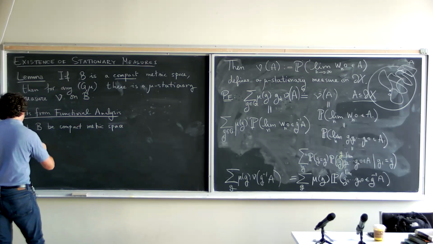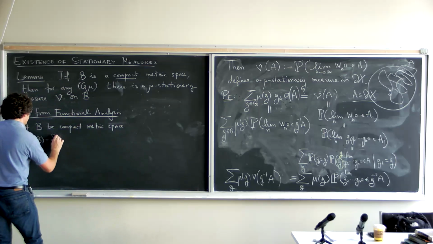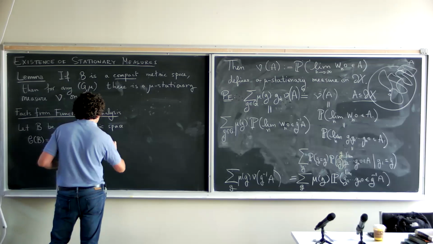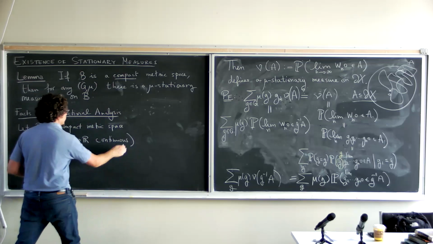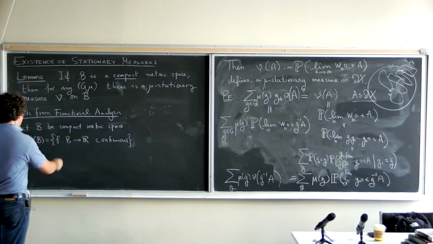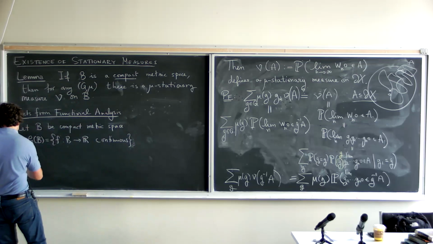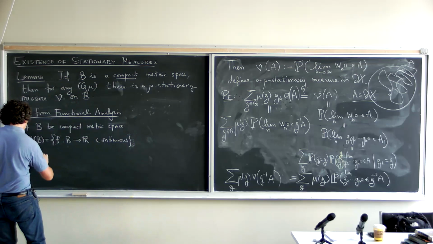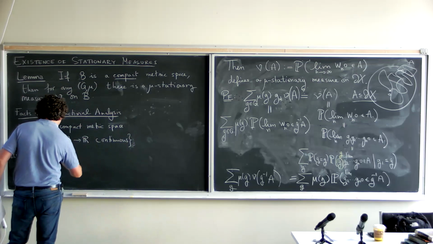Then we call C(B) the space of continuous functions. This is a Banach space with the sup norm.